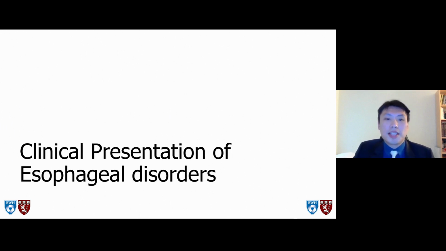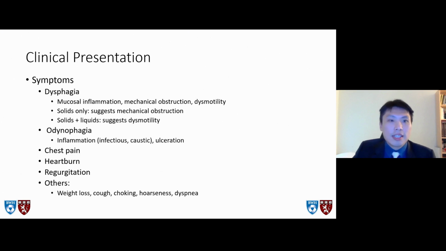So in terms of clinical presentation of esophageal disorders, most common symptoms that we encounter include dysphagia, which often can indicate either mucosal inflammation, mechanical obstruction, or dysmotility. Often in patients with solids only, dysphagia may suggest a mechanical obstruction, while patients with dysmotility may have dysphagia to both solids and liquids.